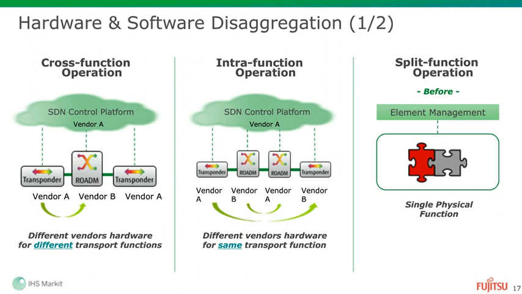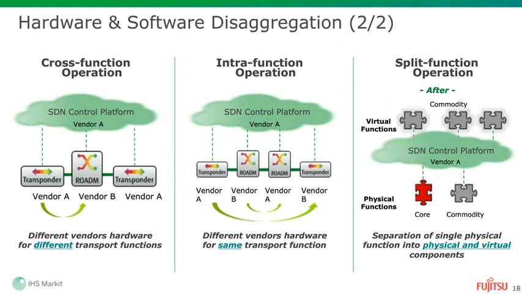And this is a two-part slide that shows on this second part how that split function operation will virtualize both on the physical side and also on the software side going forward.